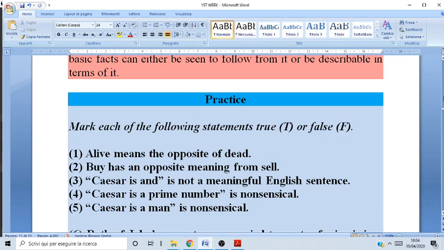Alive means the opposite of dead. Buy is the opposite from sell. Buy has the opposite meaning of sell. Caesar is and is not a meaningful sentence in English.